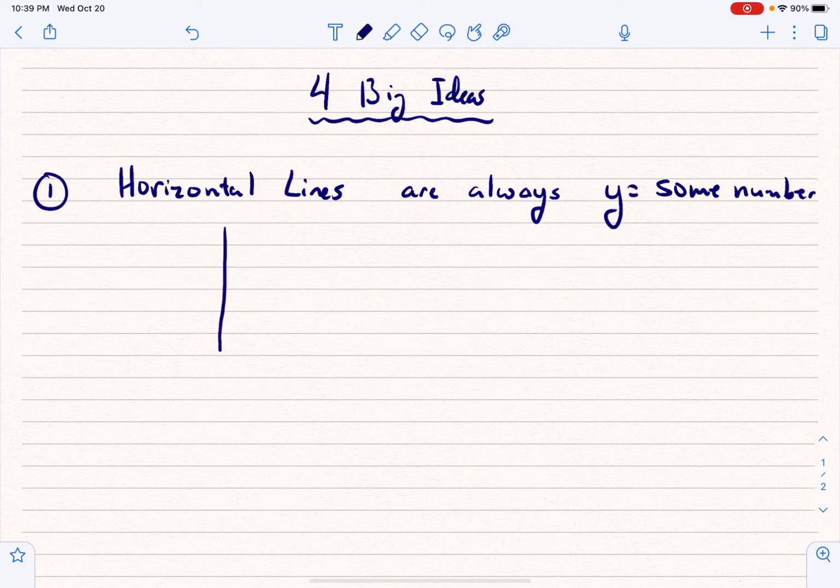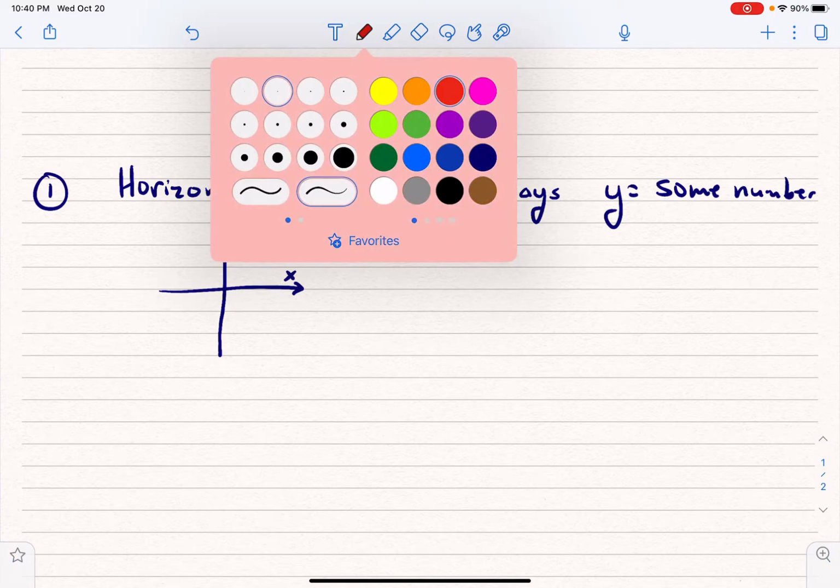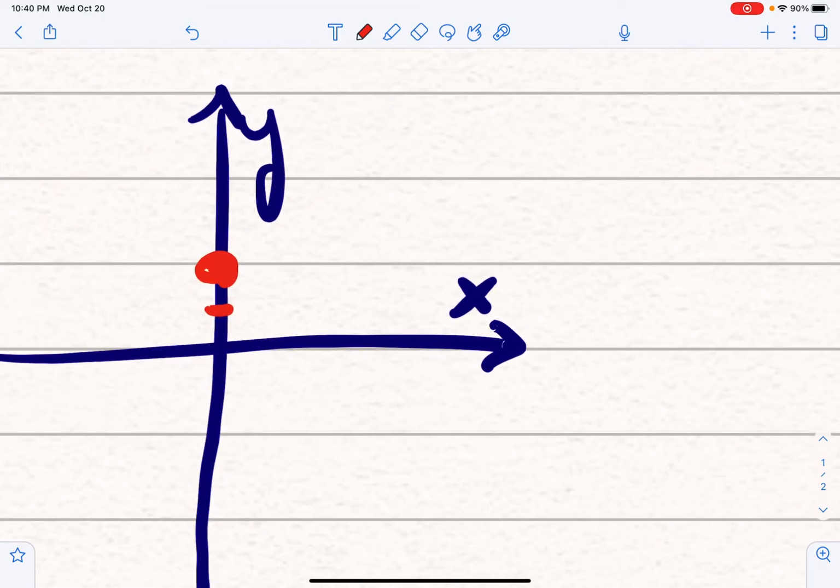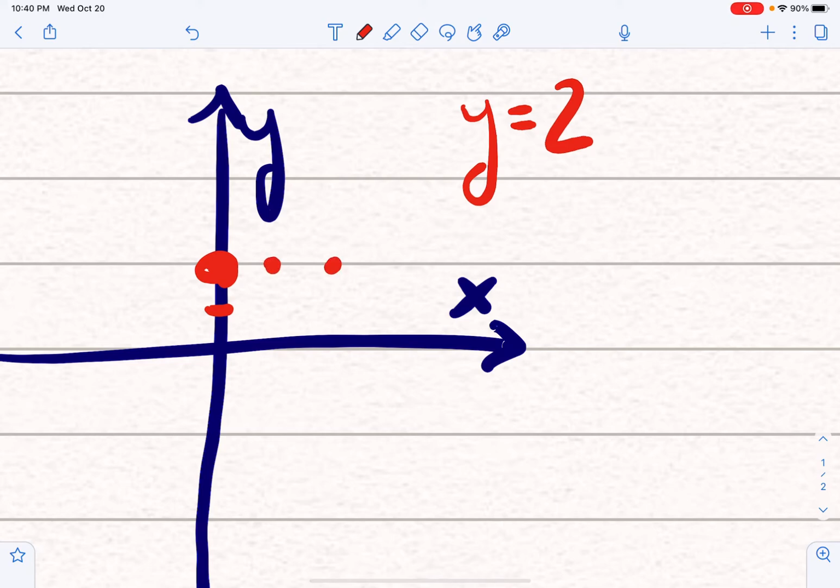I know that's kind of confusing for some people because when you think about the x and y axis, the x-axis is horizontal and the y-axis is vertical. So it might seem counterintuitive. But think about this point right here, where y is equal to 2. If I come up with the equation y equals 2, then it doesn't matter what my x value is, y is always 2.